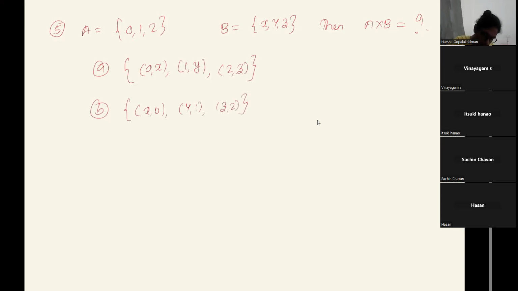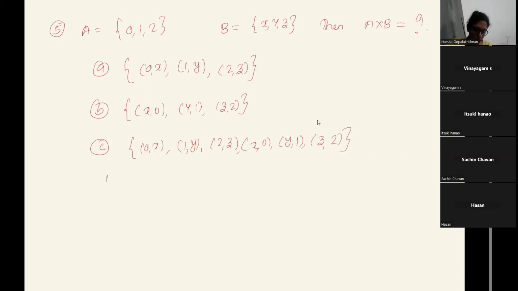And the last option is none of the above. So, which is the correct answer here? None of the above. Yeah, none of the above. This is a very simple question.